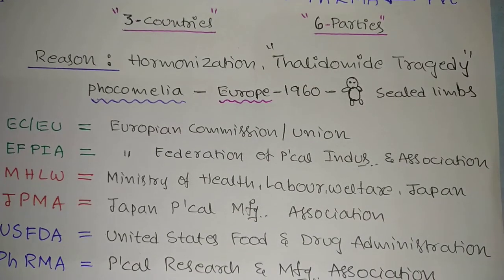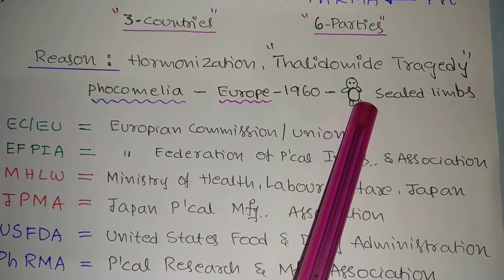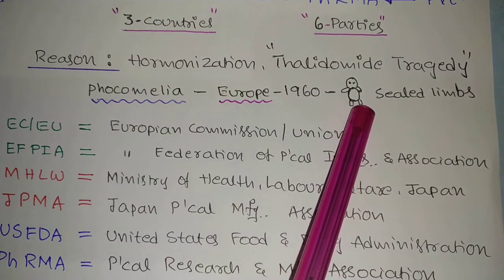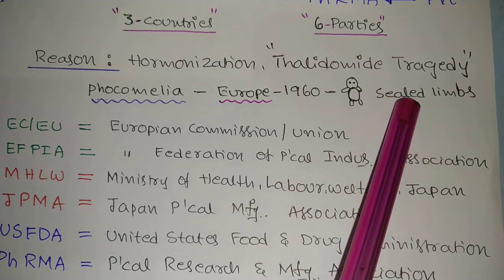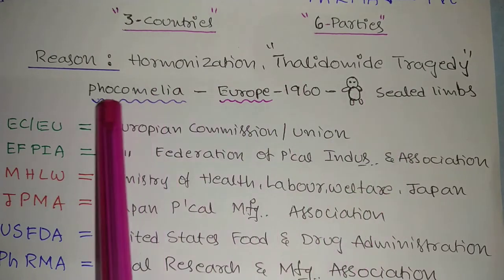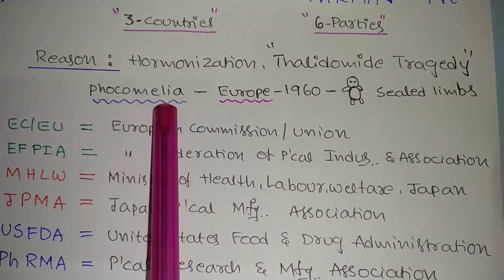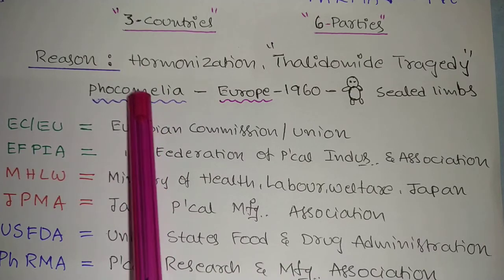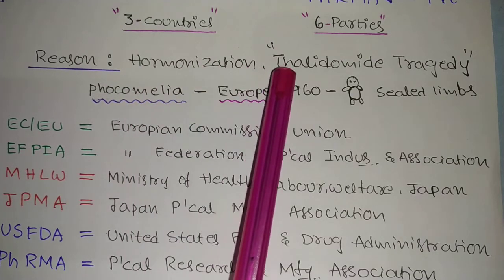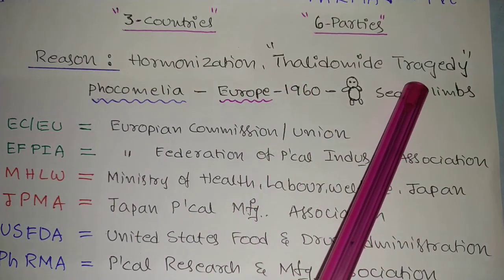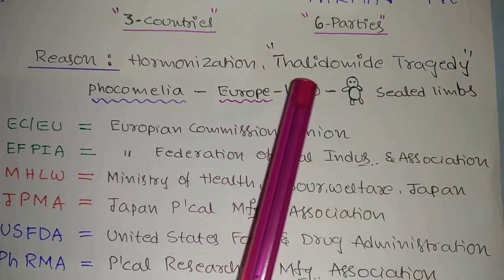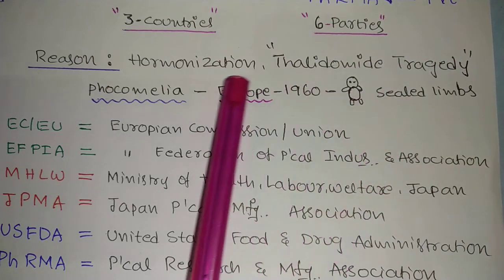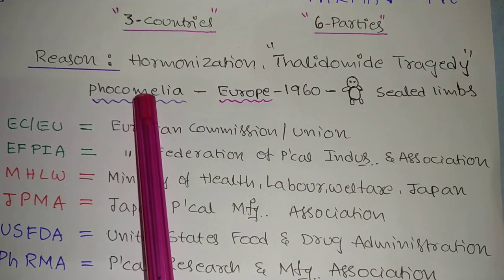They do not have proper limbs, only very small limbs, 2 hands and 2 legs, very small sealed limbs. This disease is called phocomelia. This also appeared in old question papers a number of times: what is the thalidomide tragedy, where it happened, which year it happened, what is the main problem, and what the disease is called.